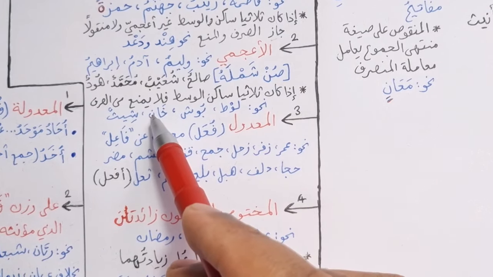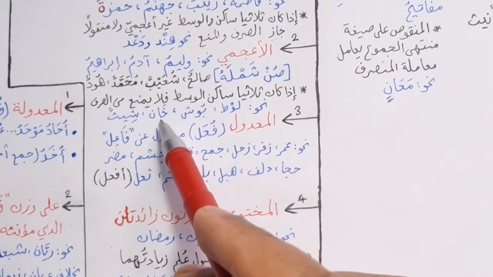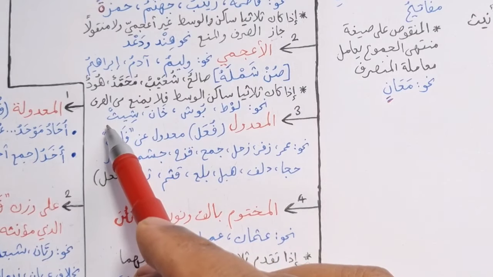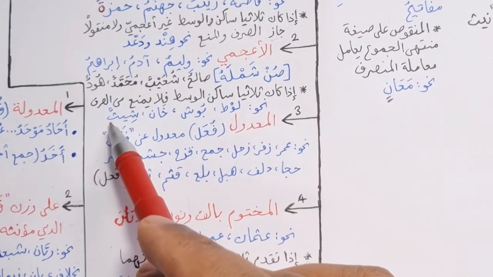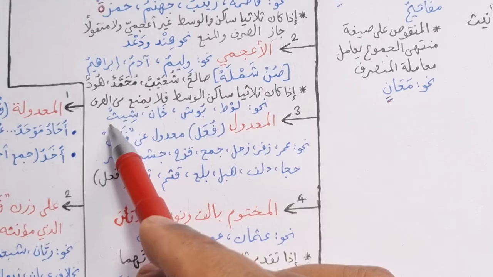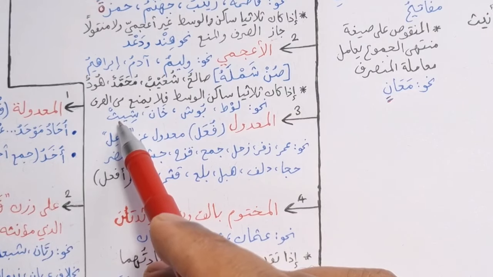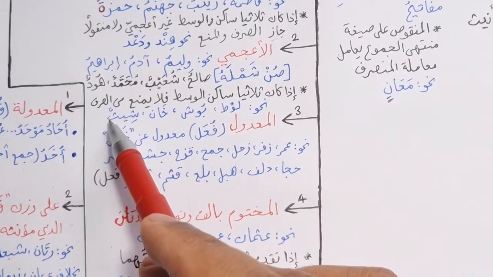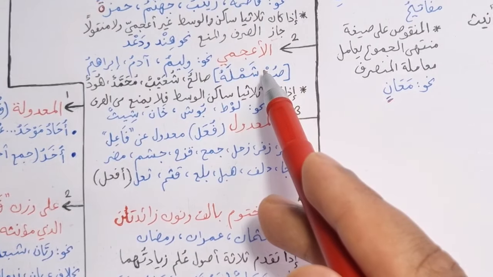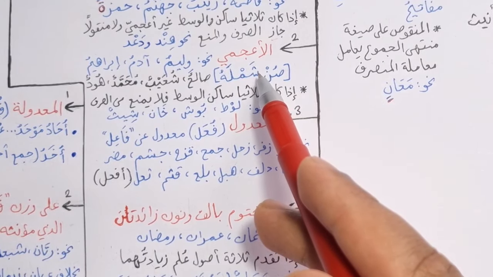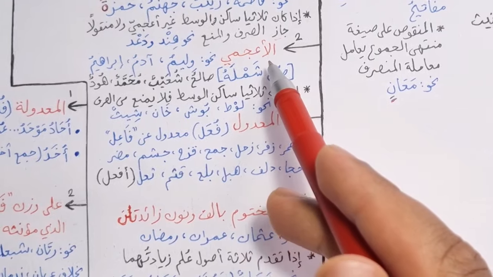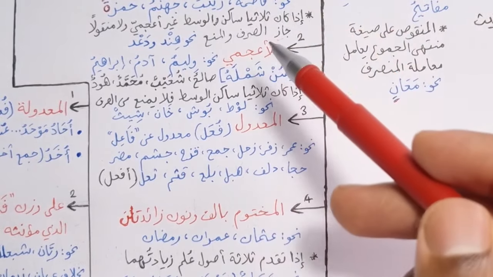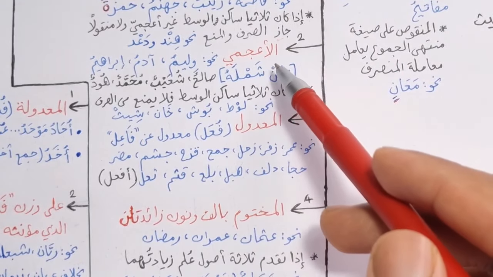Khan is a common name in Asia, a family name. Shithun, some say is the name of a prophet, but the hadith which refer to a prophet named Sheeth are not authentic. Allahu alam. So alam a'jami is the second type, combined illa for a noun to be mamnu' min as-sarf.